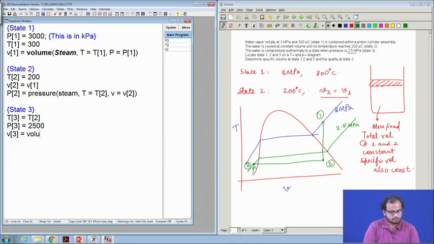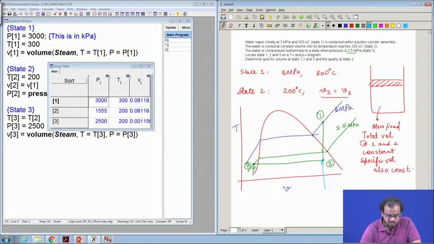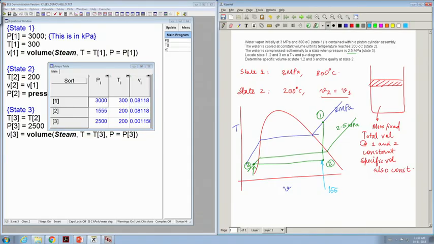Correspondingly V3 equal to volume, steam, T equal to T3 and P equal to P3. So, if we solve this, okay, so thus we have obtained that the pressure is 1,555 for the state point 2. So, naturally this point is at 1.55 megapascal as we suspected.